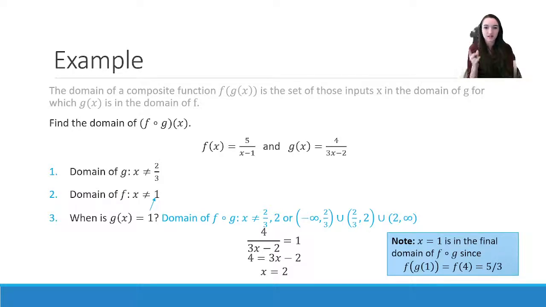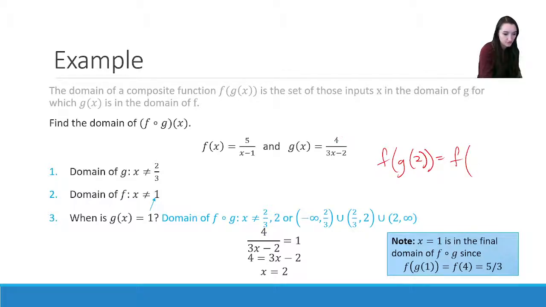But if I plugged in 2, it would cause division by 0, because that would give me f of g of 2 equals f of 4 over 6 minus 2, which is 4 over 4, which is 1, f of 1, which we know to be undefined, because that is division by 0.